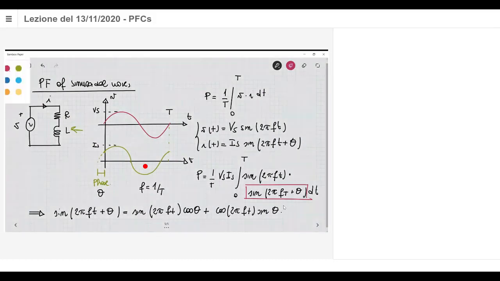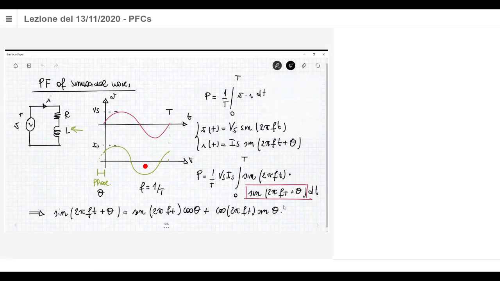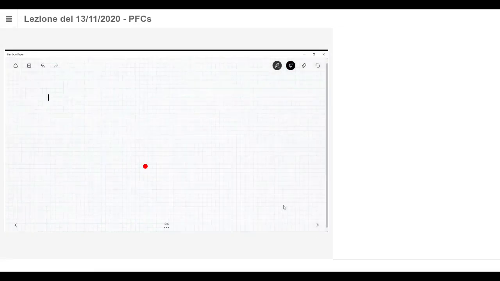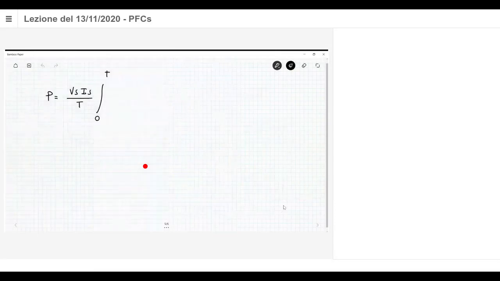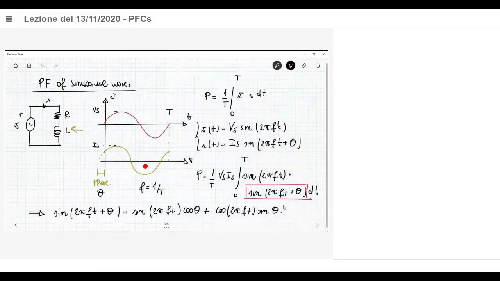Put this trigonometric identity into the integral, so you have Vs Is over T that multiplies the integral of sine squared 2πft cos theta plus the sine multiplied by the cosine at the same frequency, times sine theta.